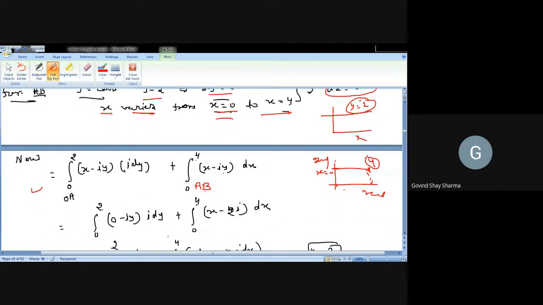So the integration is from 0 to 2 for OA, change in y, and 0 to 4 for change in dx. Put the value x equal to 0 for the OA path. For the AB path, y is equal to 2.